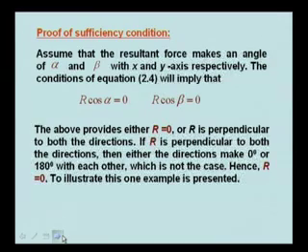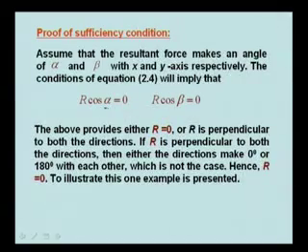Now assume that the resultant force makes an angle of alpha and beta with x and y axis respectively. The condition of equation 2.4 will imply that R cos alpha equals 0 and R cos beta equals 0. This provides either R is equal to 0 or R is perpendicular to both directions. That means either R is equal to 0 or cos alpha is equal to 0.